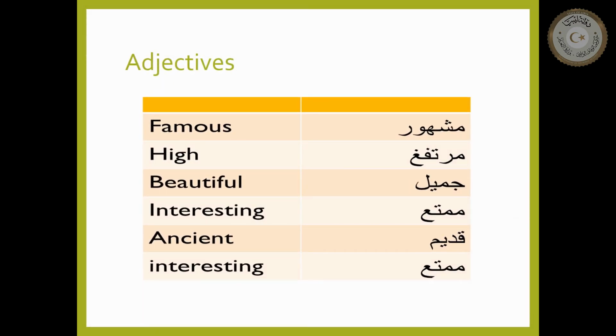Adjectives. So here we have some adjectives. What's adjectives? Adjectives are words that can be used to describe nouns, gives more information about nouns. We have here 5 adjectives: famous, high, beautiful, interesting, ancient.